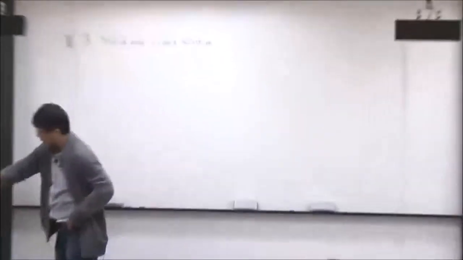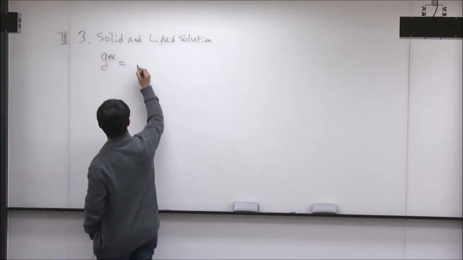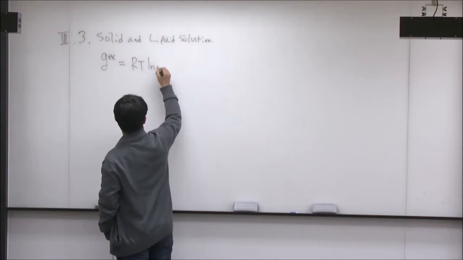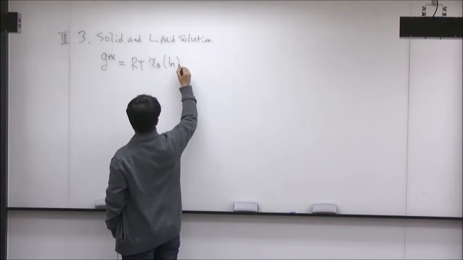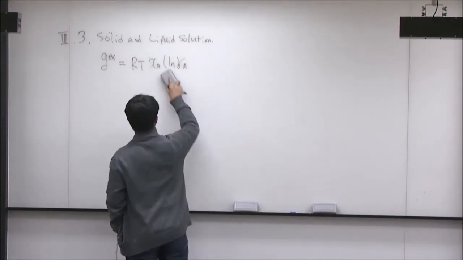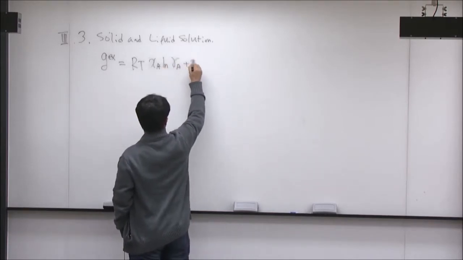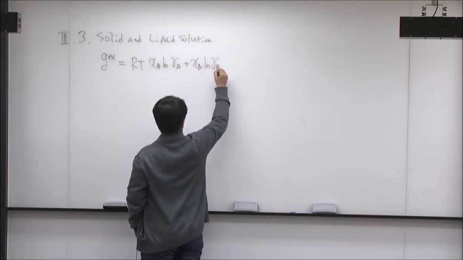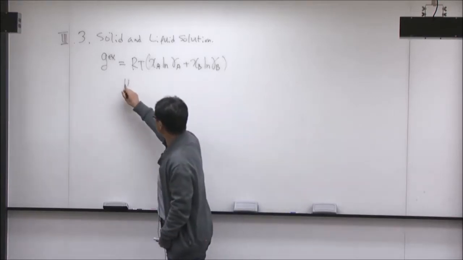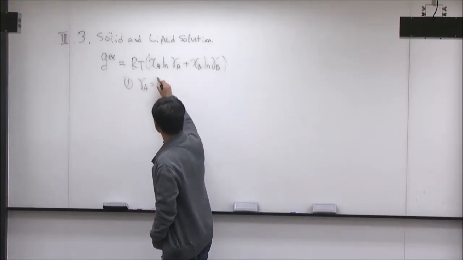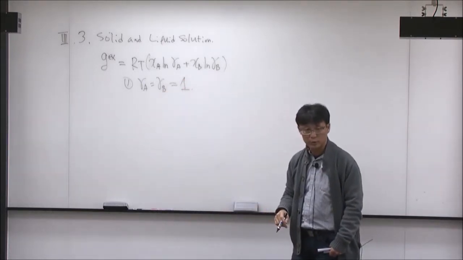Now, when this Gxs term, so basically Gxs is RT... So, number one, when gamma A and gamma B both equal 1, we call this one an ideal solution.